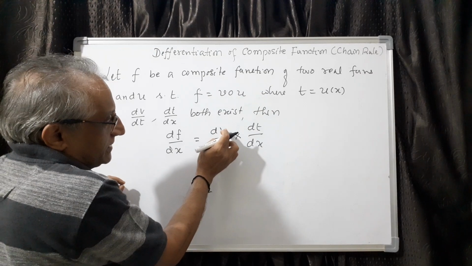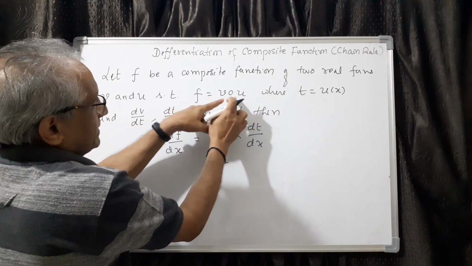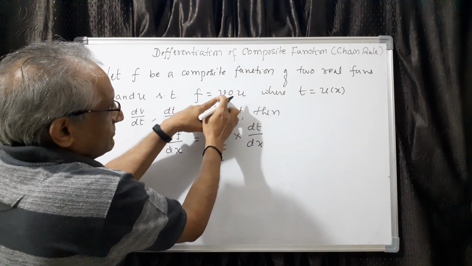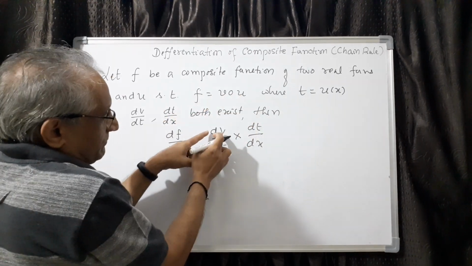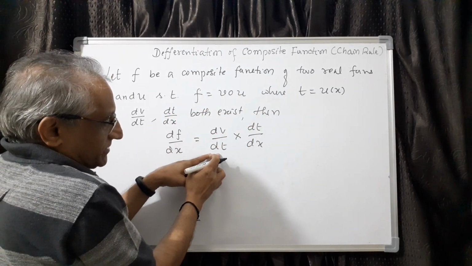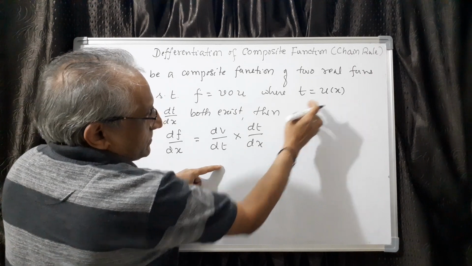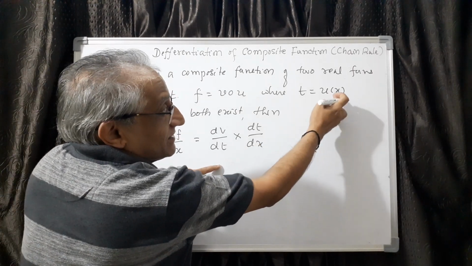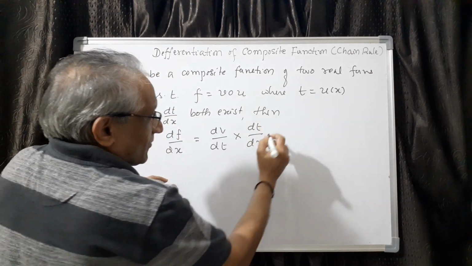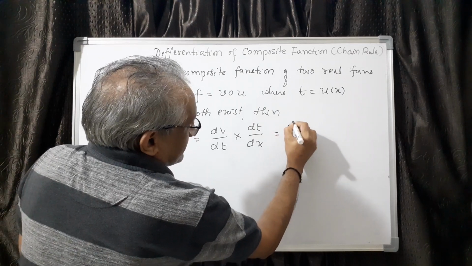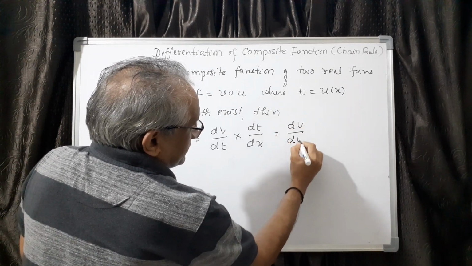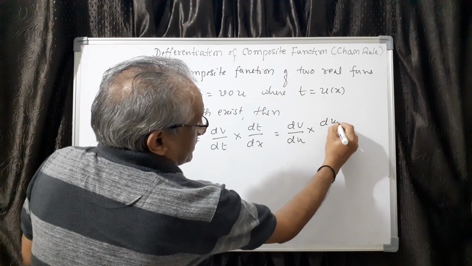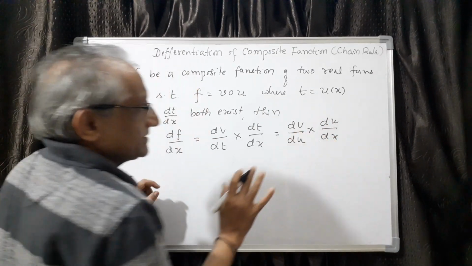So we are differentiating v, which is v of t. Therefore v we are differentiating with respect to t, and t is u, and u itself is a function of x, so dt by dx. This can also be written as dv by du into du by dx. So this is the chain rule.